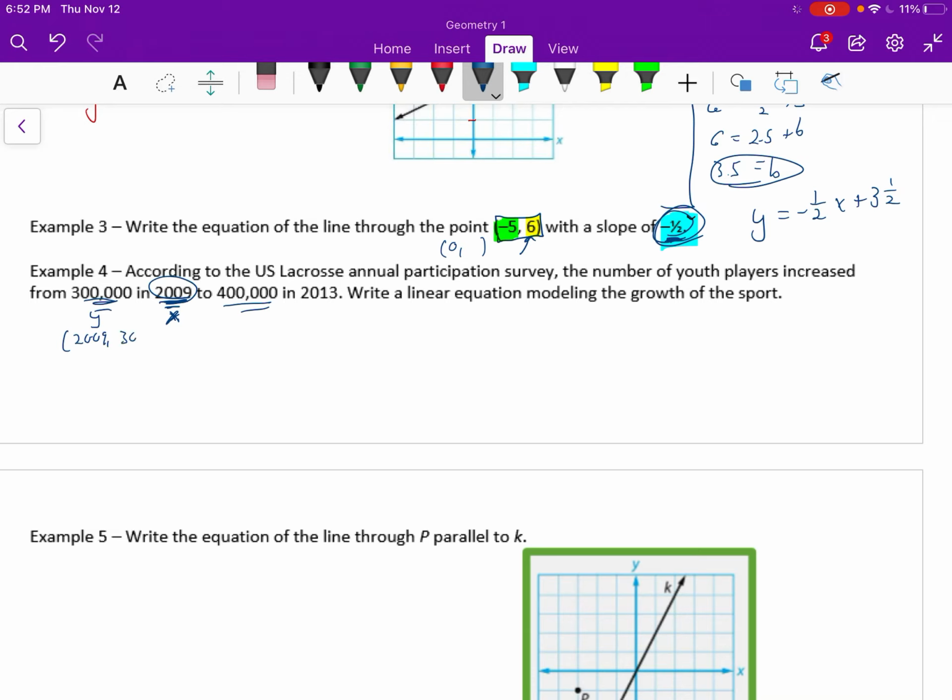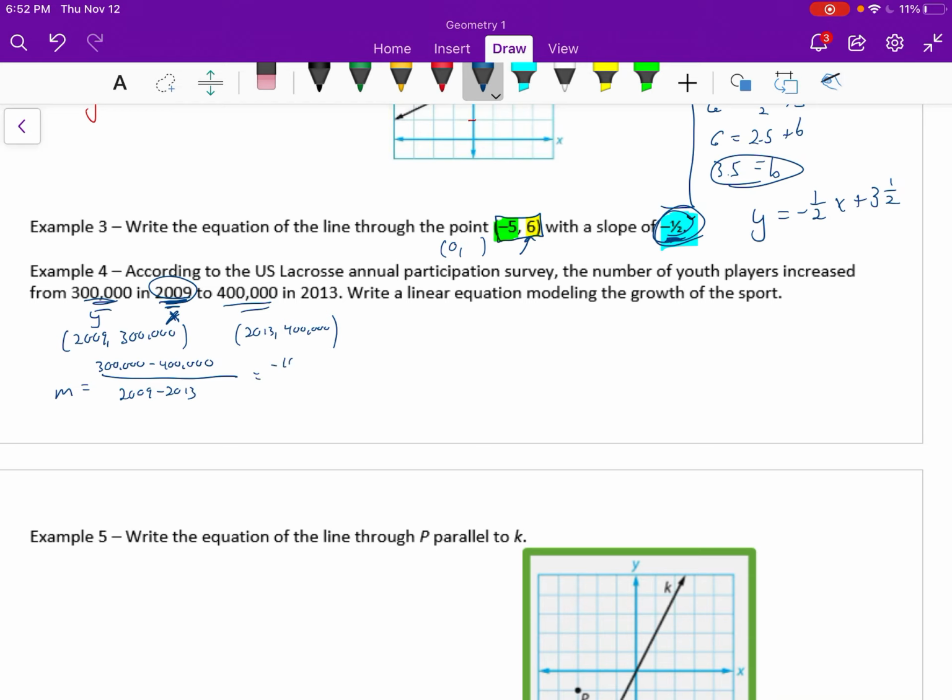2009 is 300,000, and the point 2013 is 400,000. We can find the slope from the slope equation, not just rise over run, but y sub 1, so 300,000, minus y sub 2, which is 400,000, over x sub 1, 2009, minus x sub 2, 2013.